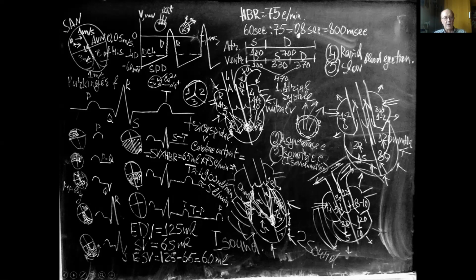The sinoatrial node is located in the right atrium at the entrance of the vena cava. And these are the action potentials in one atypical myocardium cell in the sinoatrial node. There are, as you know from the histology course, two types of cells in the heart. These are the typical myocardium fibers or cells.